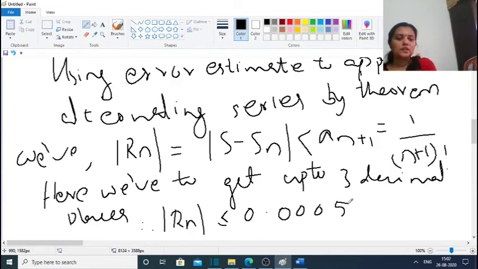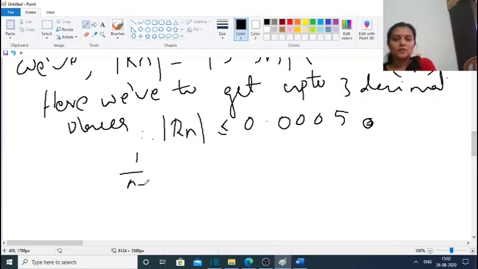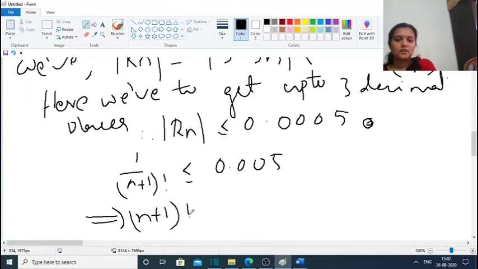That is 1 by n plus 1 factorial less than or equal to 0.0005, which implies n plus 1 factorial should be greater than or equal to 1 by 0.0005, which is equal to 2000.